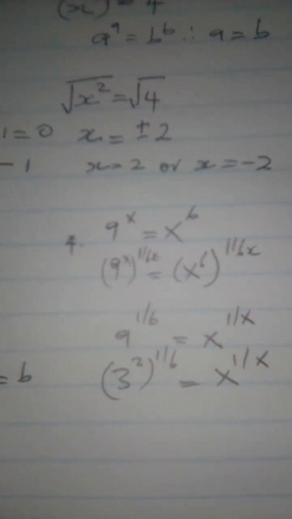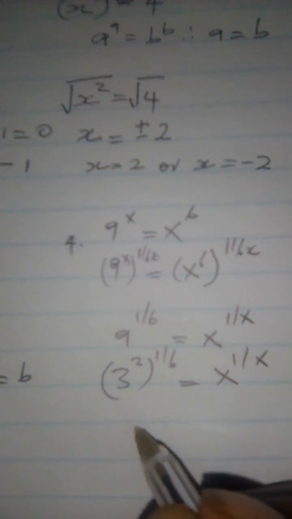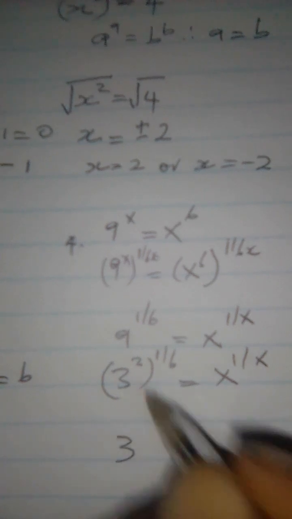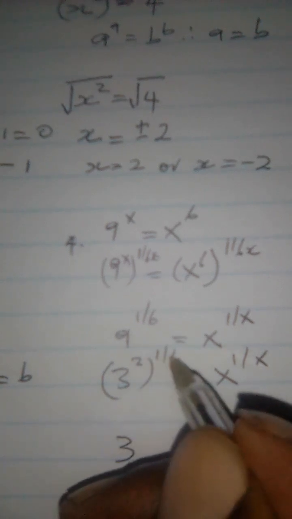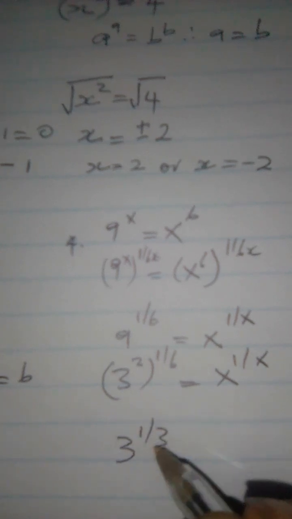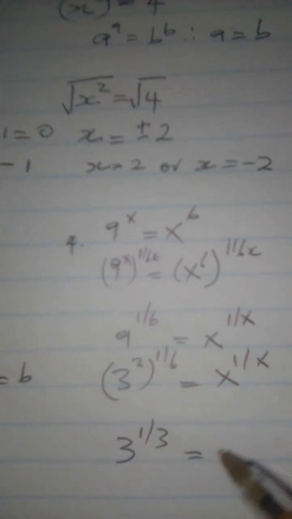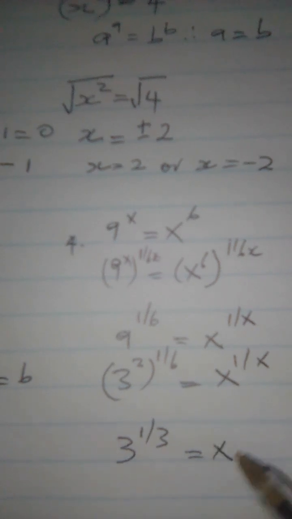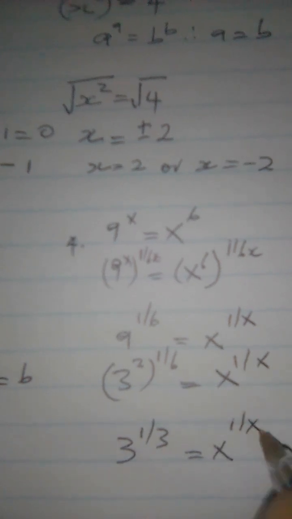The next step, I have 3 raised to 2 multiplied by 1 over 6, which is going to be 1 over 3, equal to x raised to 1 over x.